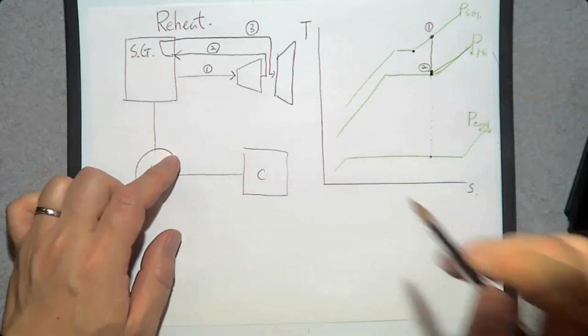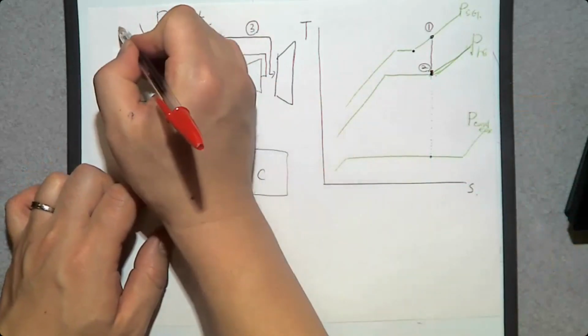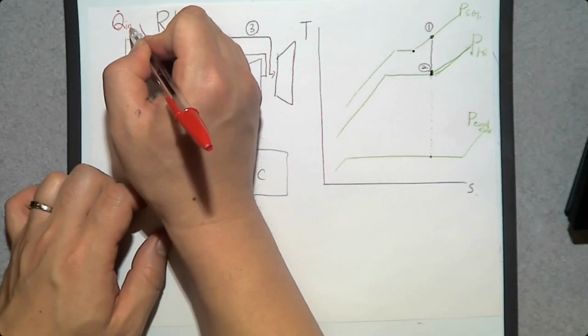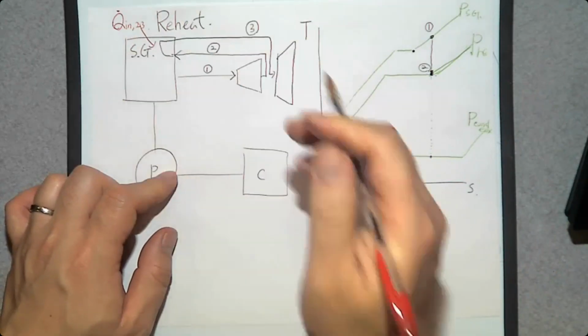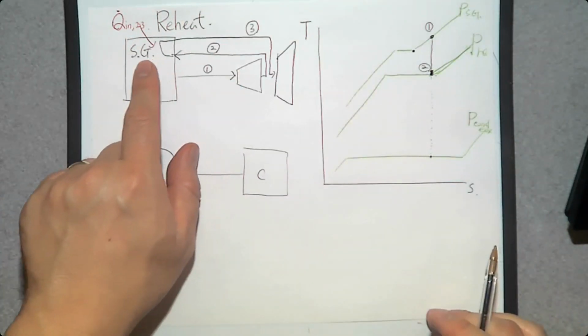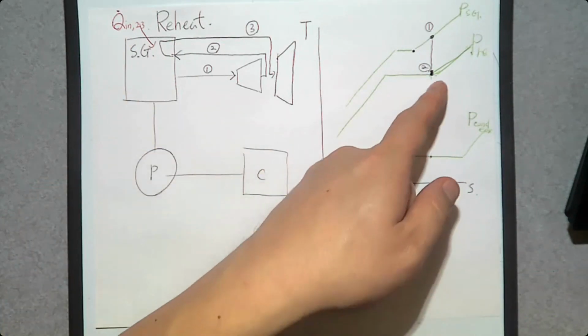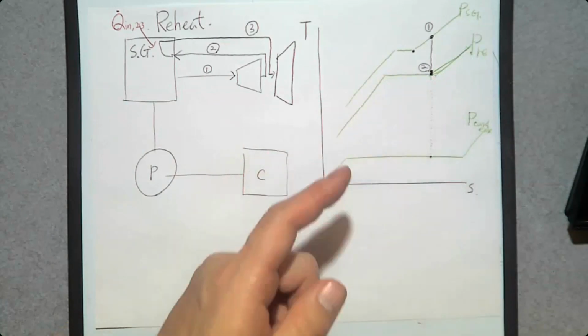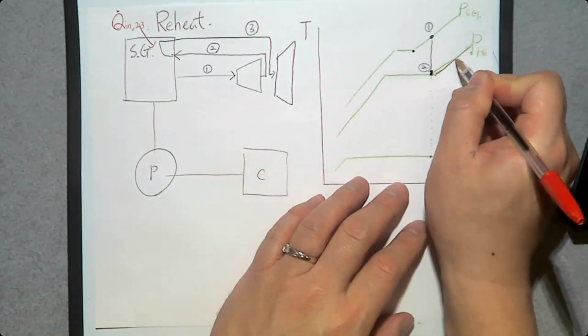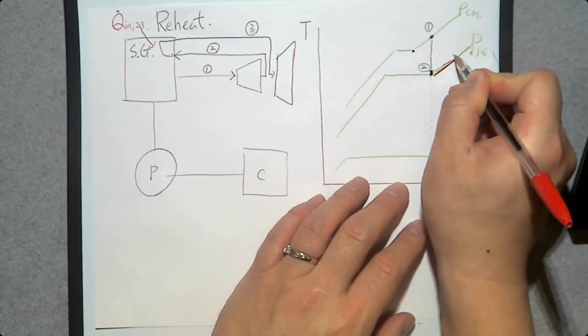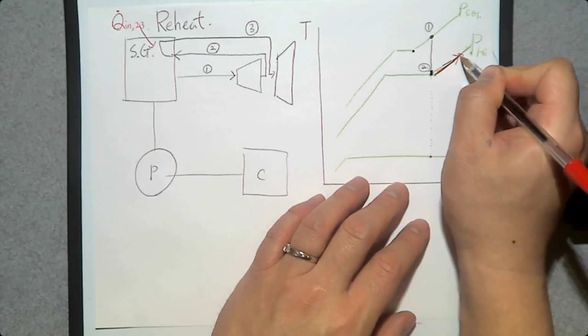By how much? Q dot in between 2 and 3. And because this steam generator runs at constant pressure, it should be on this green line, receiving heat. So it moves upward, following this green, and becomes new number 3.